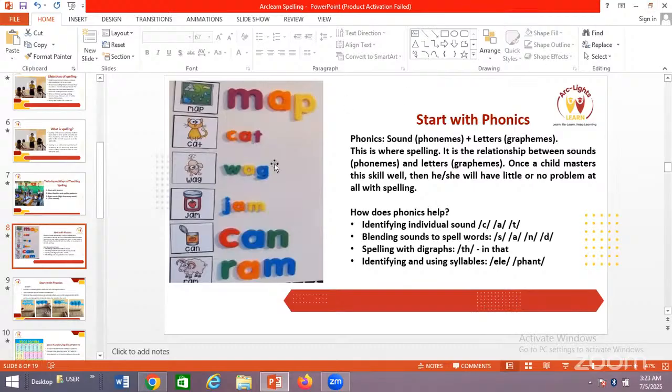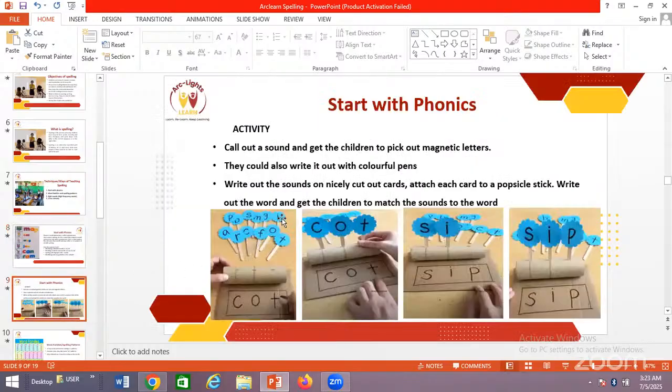Now, we know already that phonics is identifying individual sounds. So, what activities can you do with this? There are so many. Call out a sound. Get the children to pick out magnetic letters. If they don't have magnetic letters, look around you.